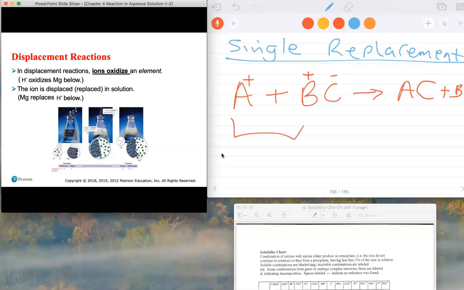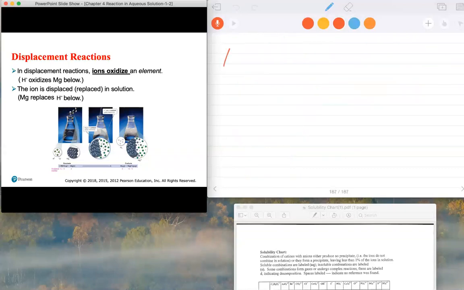This must be metals or cation that is positively charged. Will a metal replace another metal? We will see momentarily how the single replacement takes place, versus double replacement, so that you don't get confused.